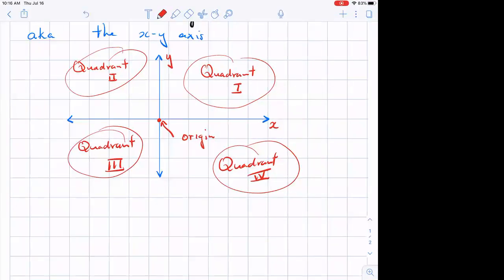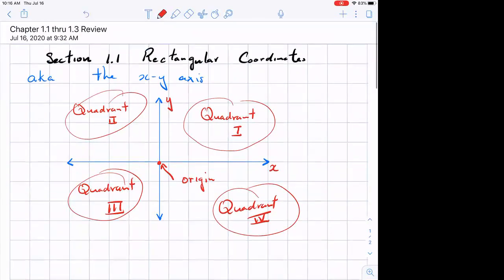So this is the XY coordinate plane. Other than the rectangular coordinate plane, the XY axis, does anyone know what else it's called? What is the correct name for this? Begins with a C. Coordinate plane?